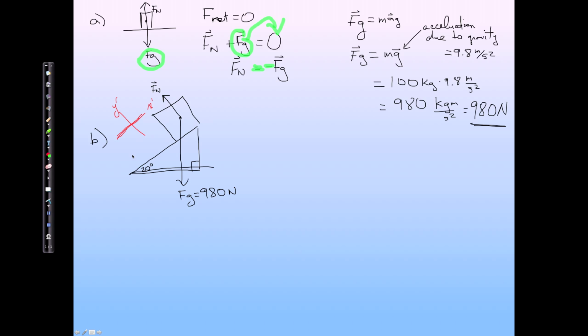And so, in the x prime direction, we've got some component of gravity. We'll call it FG y prime. There'll be some FG x prime here, the x prime component of gravity.